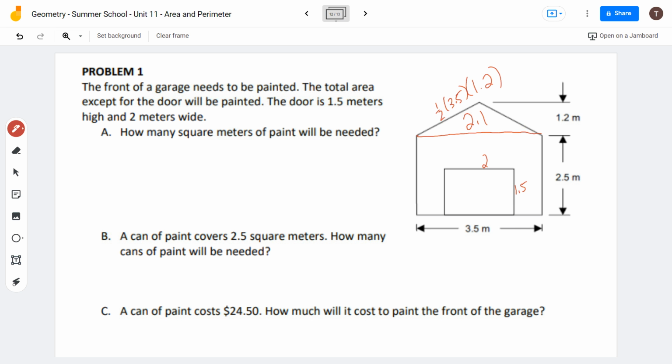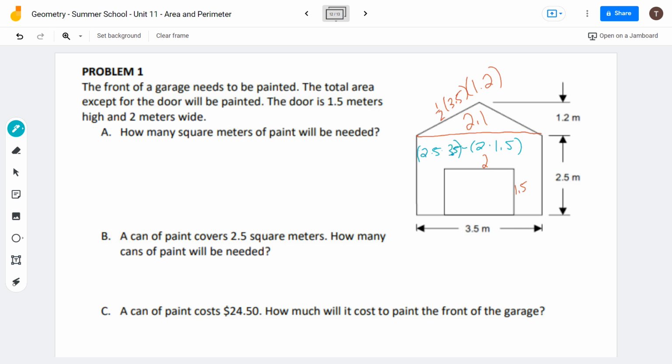Now for this rectangle, I have to subtract the garage door. The rectangle would be 2.5 times 3.5, height and length, but I'd have to subtract the garage door, which is 2 times 1.5.